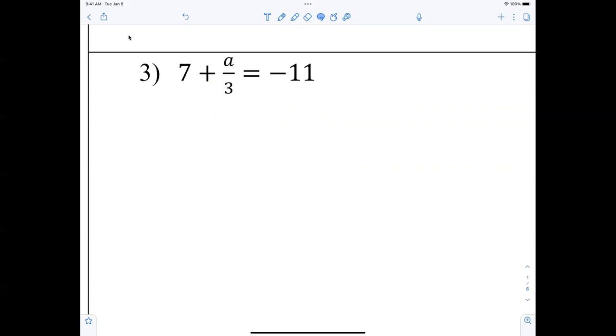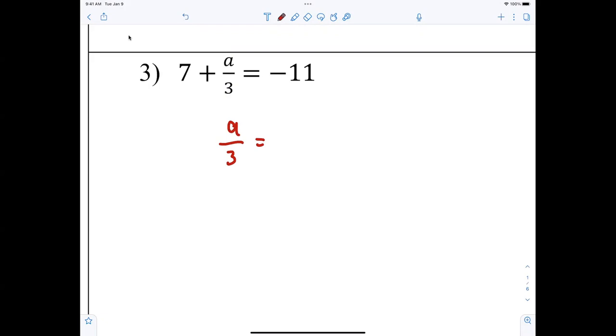All right, Mr. Wallachek, what am I doing? Subtract what? And what do I get if I subtract 7? -11 minus 7.